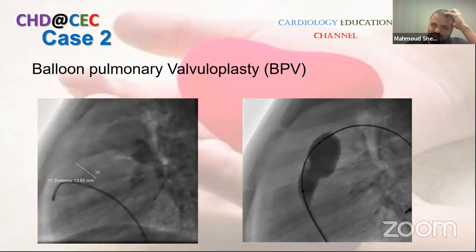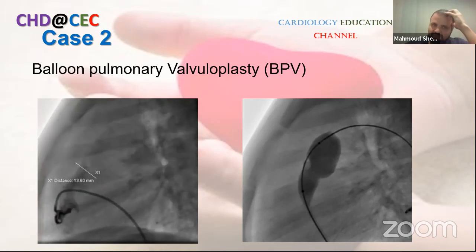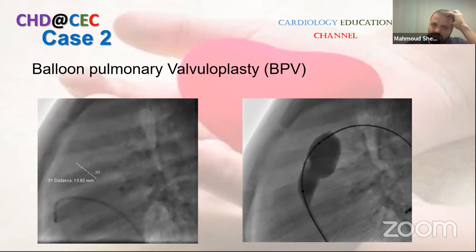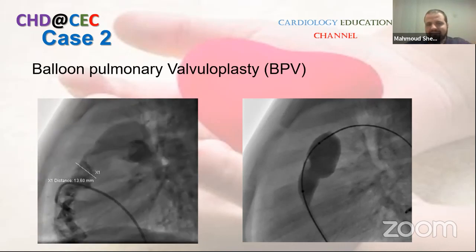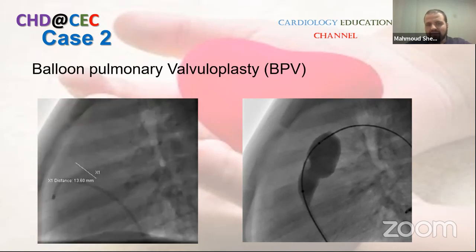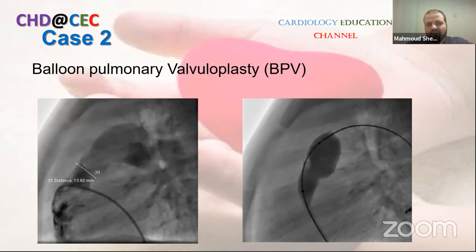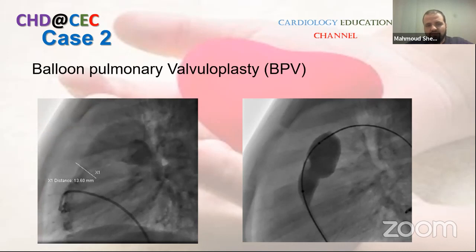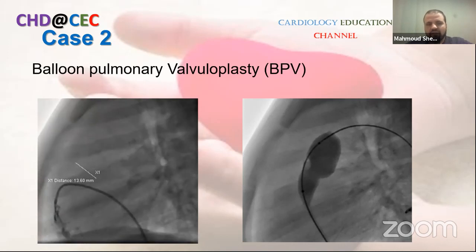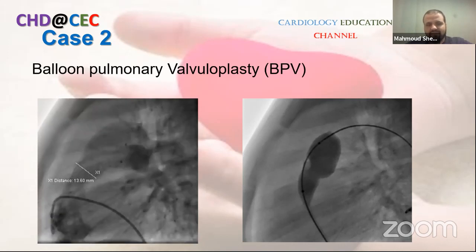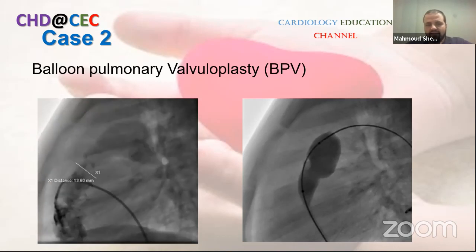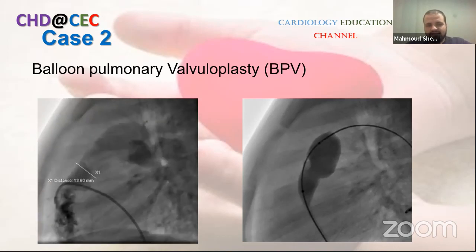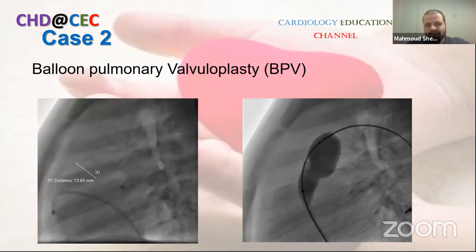Because getting access in a 2 kilogram neonate is not a luxury, and sometimes we are obligated to do that in critical cases. But if you have a patient with moderate to severe pulmonary valve stenosis who doesn't have severe symptoms and can tolerate the PS until growing up a bit, it's better.